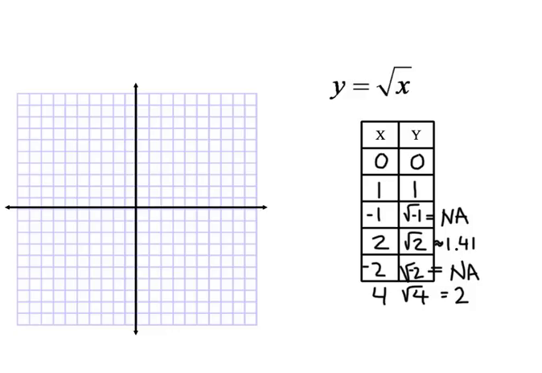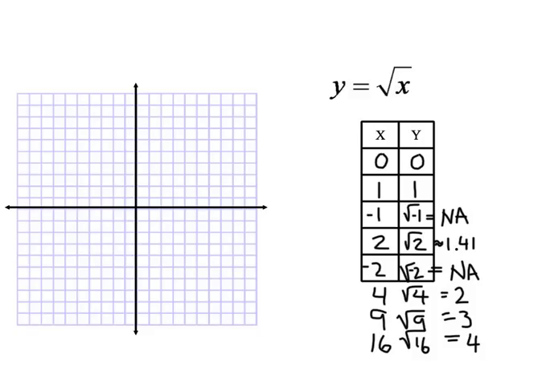When I allow x to equal 9, I'm looking at the square root of 9, which is +3. I can continue with this trend and choose x to equal 16. So then y is the square root of 16, which is 4.